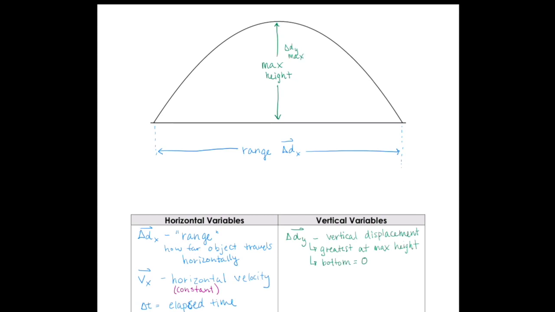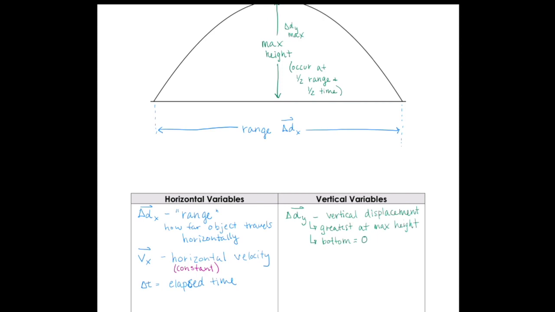Okay, and something important to remember or to know is that this is going to occur at half range, so half of the distance of the horizontal aspect and half the time. Okay, so sometimes that can help you when thinking about the problem.